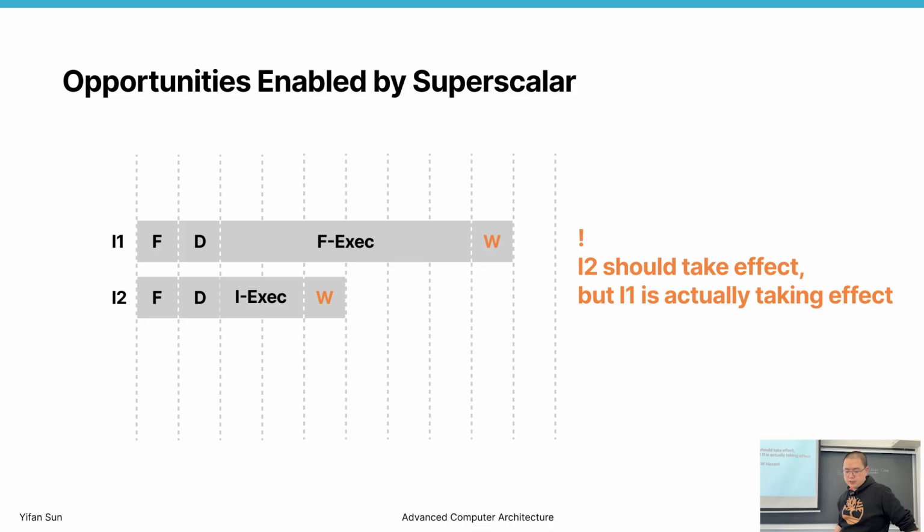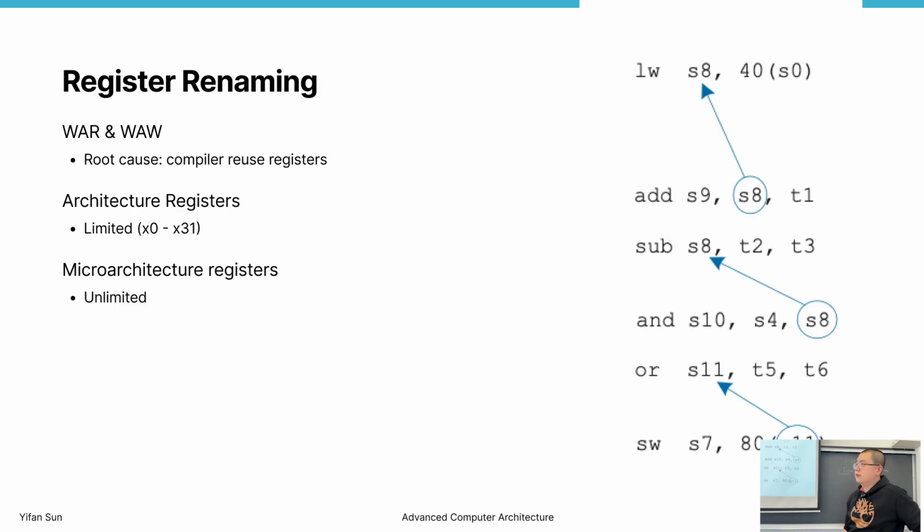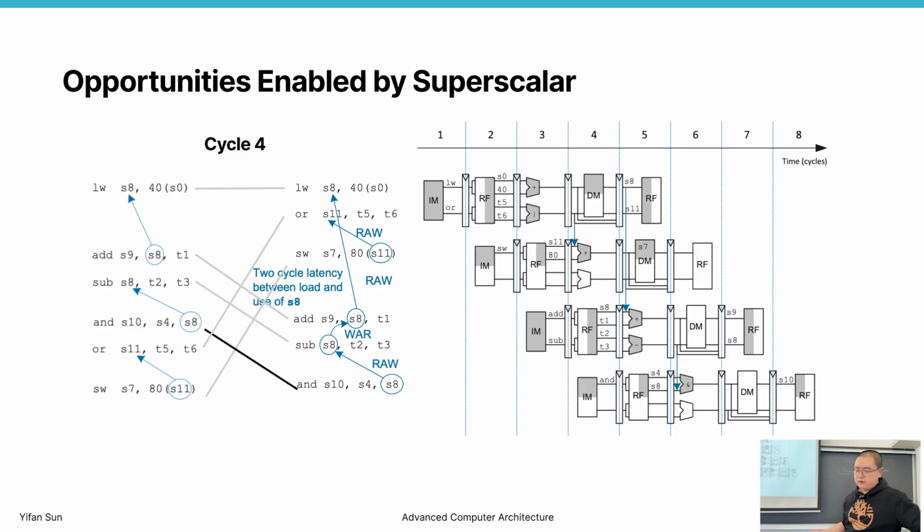How we can address this problem is by using a method called register renaming. Before that, at least you know the opportunity of reordering, right? If we detect there's no dependency, we can bring it to an earlier time.